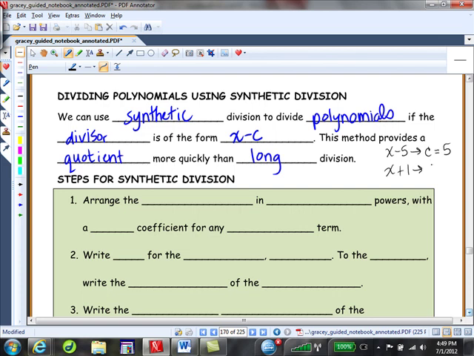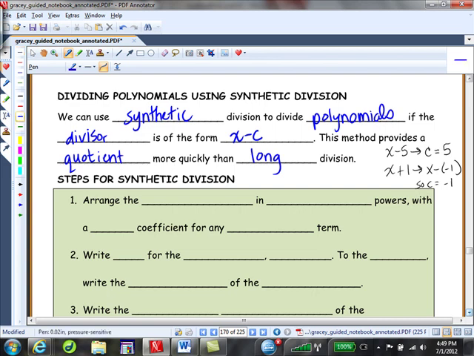This is the same as x minus negative 1, so c would be negative 1. The minus is in the formula, so if you have x plus something, you have to flip the sign for your c. Now, if you have a coefficient other than 1 on your x, or if x is raised to something other than the 1 power, you cannot use synthetic division.